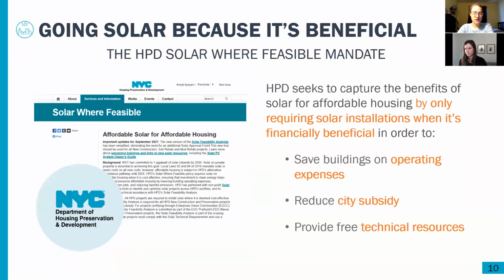So the next slide shows that HPD worked really hard with us to determine what would be actually beneficial for buildings. We don't want to make buildings install solar if it's not going to benefit their long-term finances. But we do want to include it so that it can achieve all of those benefits we talked about before.